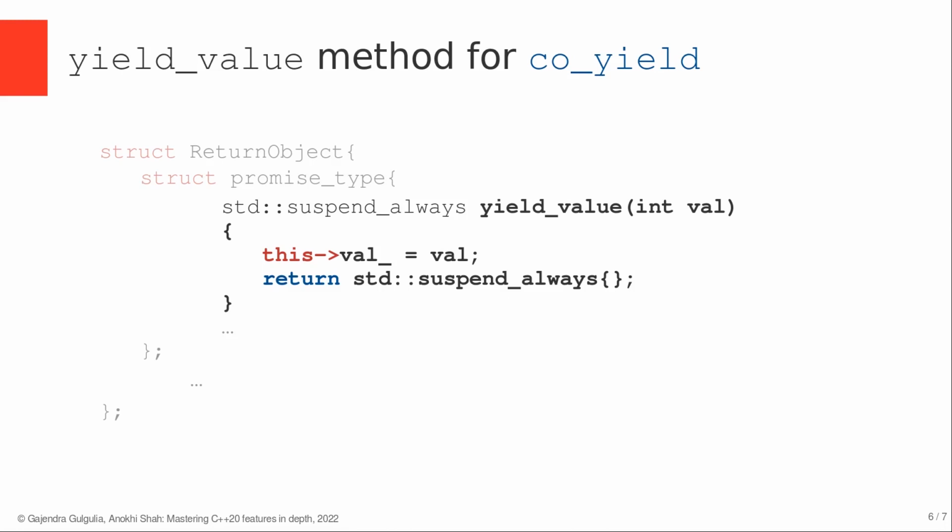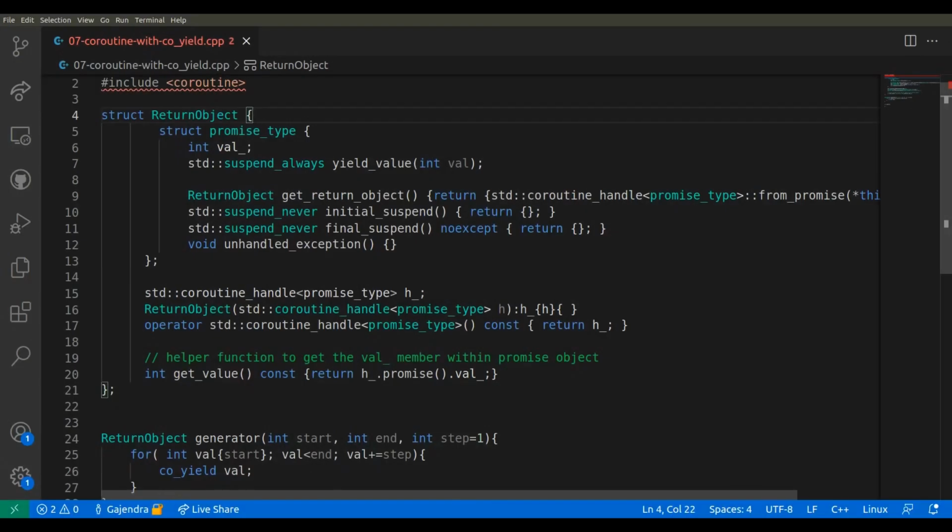Okay, let's see the generator coroutine with co_yield in action in a live demonstration. Here on top of the file, I have the same return object as in the previous lectures. On line number 6, the promise type struct has a member variable called val, just like I showed in the slides.